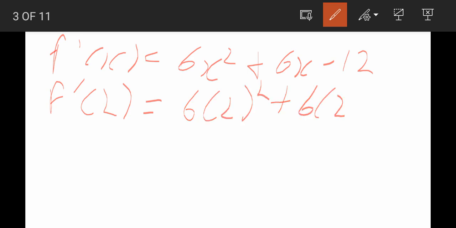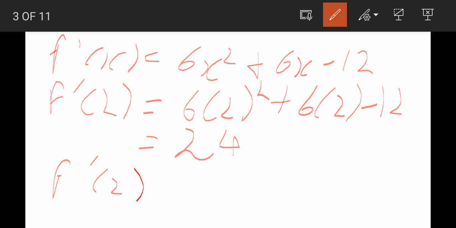Why? Because I'm looking for the gradient at that point. So if you substitute there, you're going to have 24. Now I know that my f prime 2 is the same as the gradient at that point, right? At x is equal to 2.